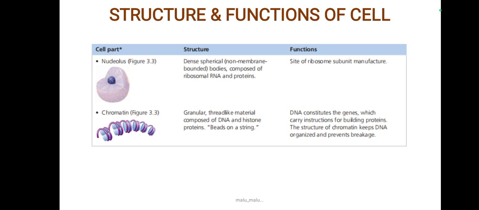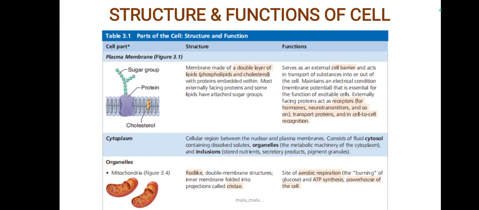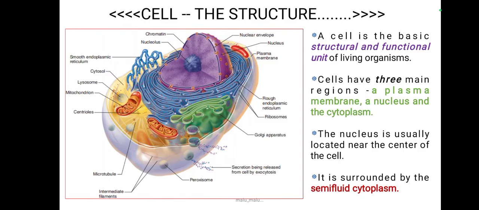So there are many functions of the cell. Some of the functions are structural support, where the cell forms a basic framework of tissues and organs. It helps in energy production: mitochondria convert glucose into ATP, the energy currency.